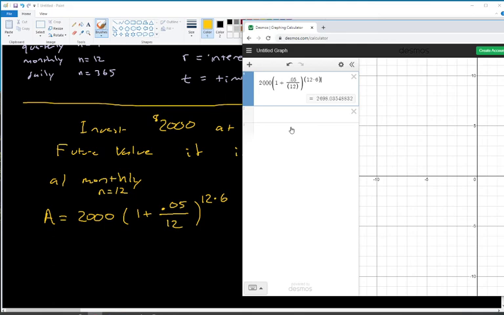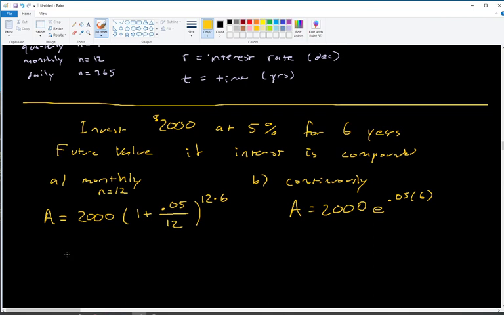So we get 2698.04. We'll round to the nearest cent. So 2698.04. So that's what happened when we compounded 12 times per year.